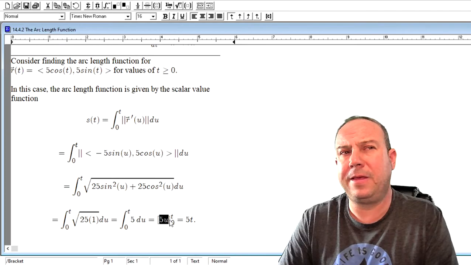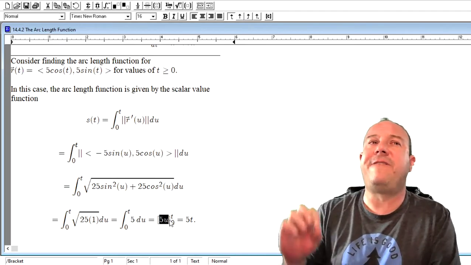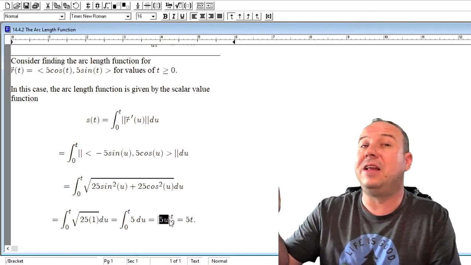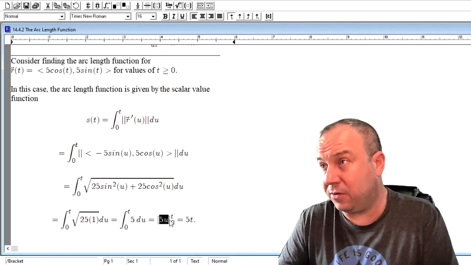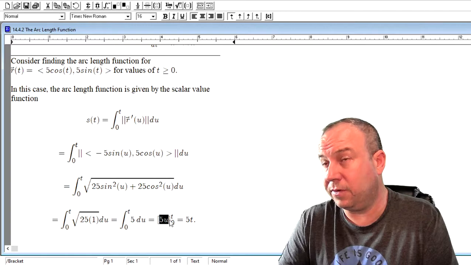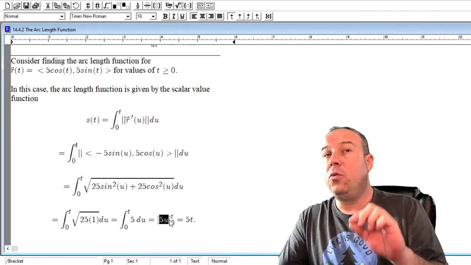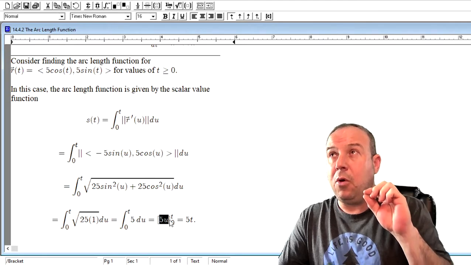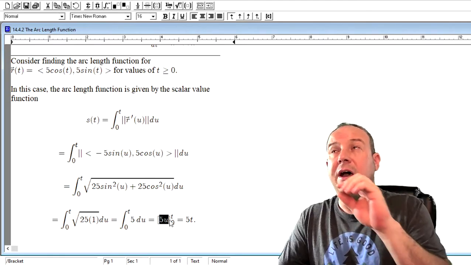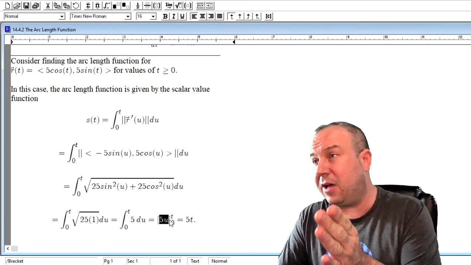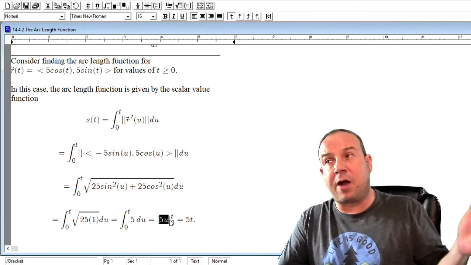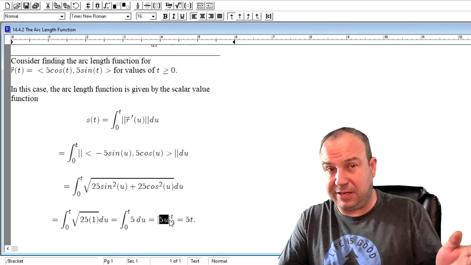Right? What is 5t? 5t is our description of length traveled along this curve when we started at a t value equal to 0 and ended at some arbitrary value of t.